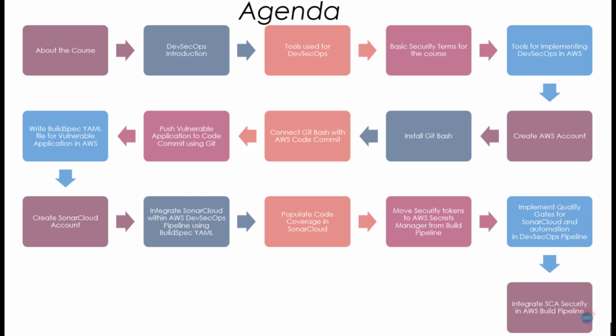Once we have done it, we will move towards implementing a software composition analysis step within our AWS DevSecOps pipeline. Till now, we would have integrated static application security testing and software composition analysis within our pipeline. Next, we are going to learn about cloud security posture management. It's a new topic, very hot in the market today.